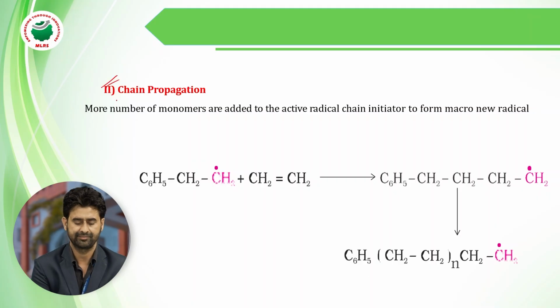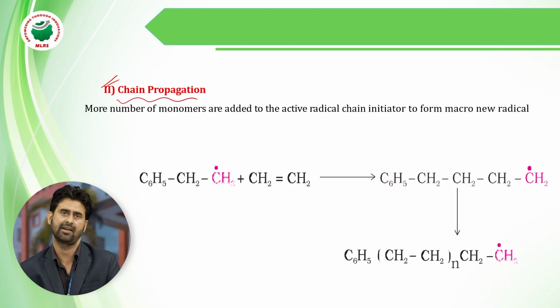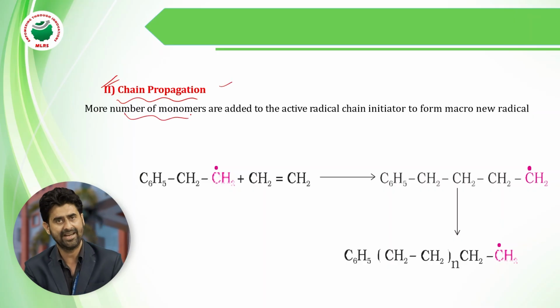Chain propagation. The first step is the initiation of the polymerization reaction. Then there are repetitive additions of different radicals to form the chain. In chain propagation, more monomers are added to the active radical chain initiators to form new macro radicals like this.